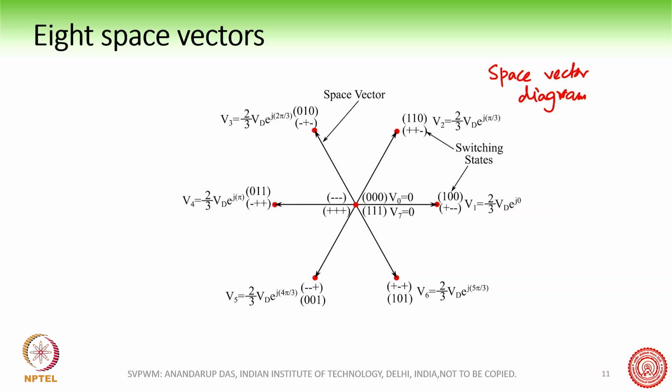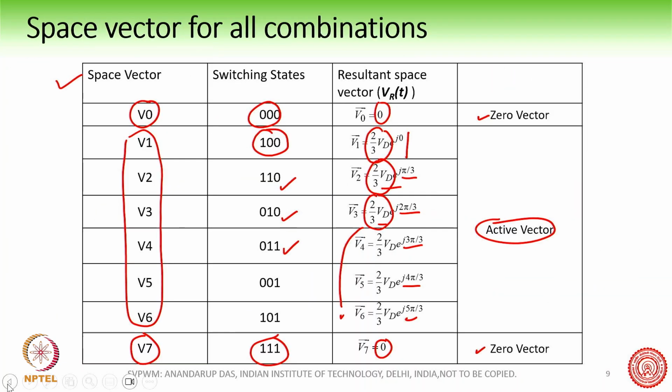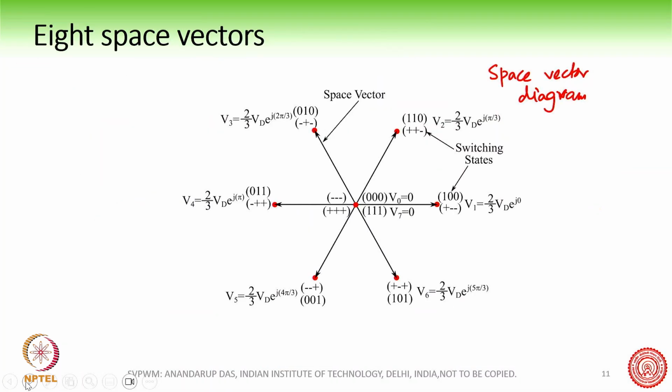Here you can see that the same thing that I had done in this table, I am now just depicting it on the space vector plane in the space vector diagram.